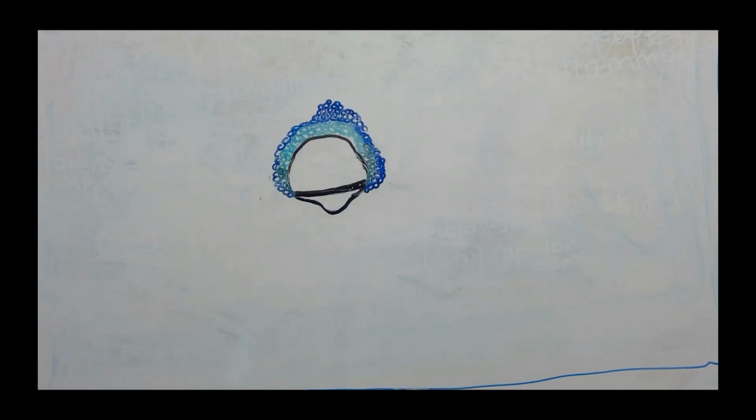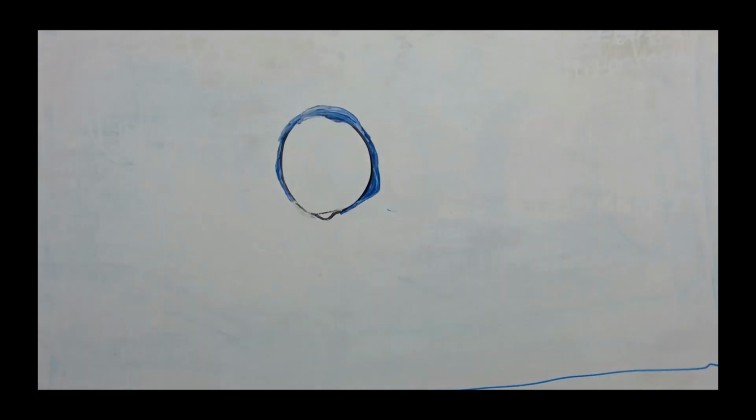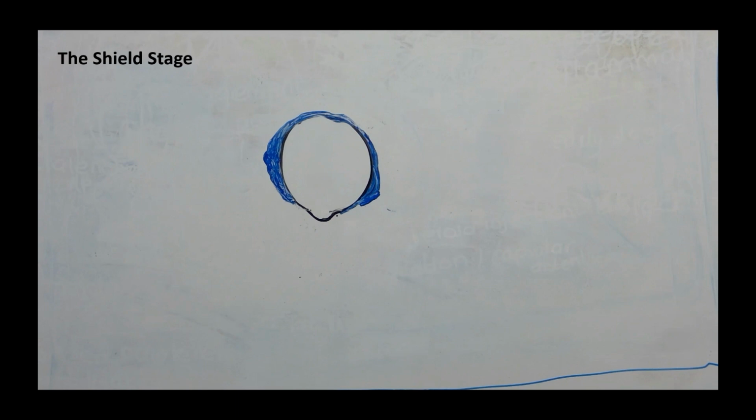At the gastrula period, multiple cell movements occur such as involution, convergence, and extension. At the shield stage, cells continue to move around. Deep layer cells meet towards the germ ring and form the embryonic shield.